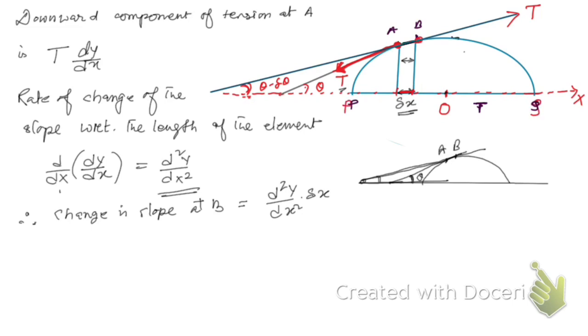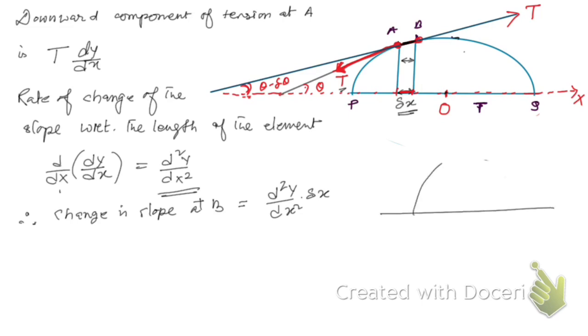Let me make it larger so that you can understand clearly. Sorry, let me show you something. Just give me a second. Okay, now you see, this is A and this is suppose B. So here which angle is greater? Obviously this one, right?